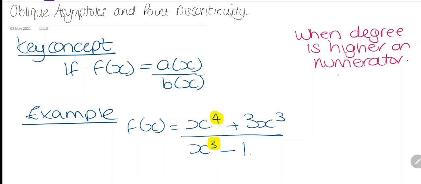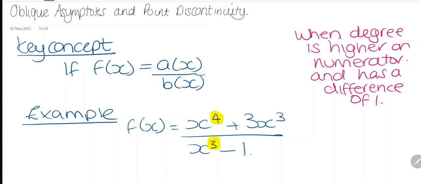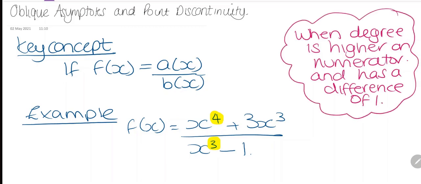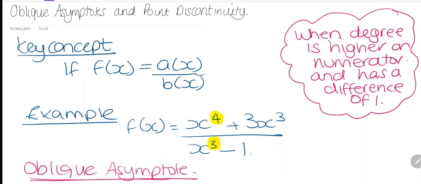But when the degree is higher on the numerator and has a difference of 1, we will have an oblique asymptote. And we need to find the equation for the oblique asymptote.